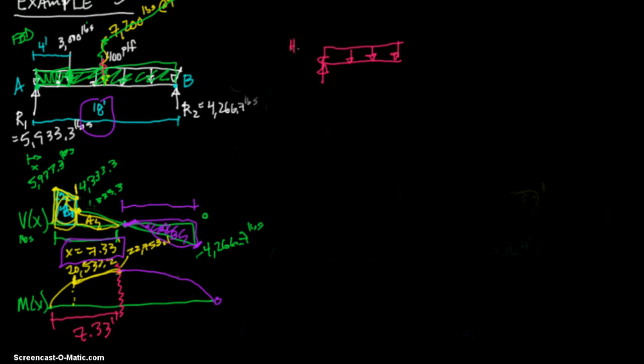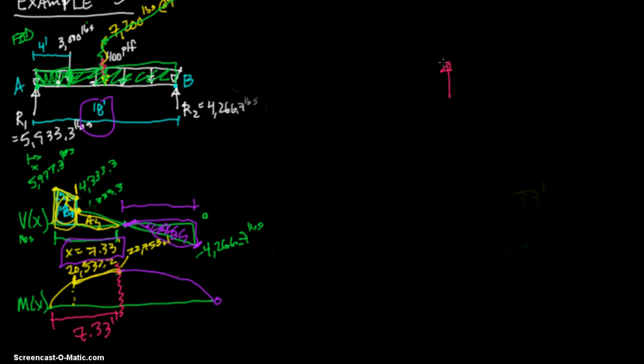Let's put it over here. 400 PLF. We're going to know the reaction, 933.3 pounds. And we should have the 3,000 pounds in there. Actually, let's go from the other side, because it's just an easier equation.